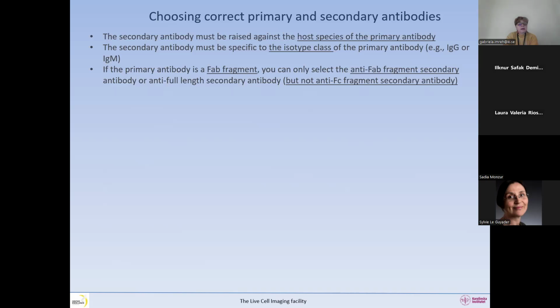So the secondary antibody must be raised against the host species of the primary antibody, and it must be specific to the isotype class of the primary antibody. If we are working with Fab fragments, we can only select the anti-Fab fragment secondary antibody or the full length, but not one binding to the Fc part, because that's not there.